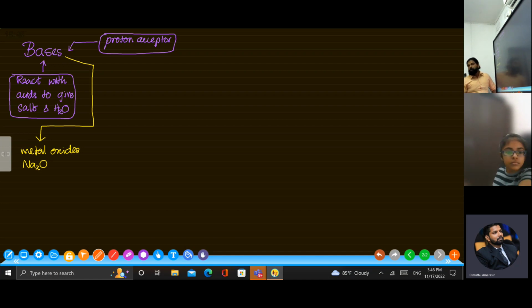Let me give you examples from different types of metals: calcium oxide, copper oxide. These are metal oxides which are bases. Out of them, some are insoluble.